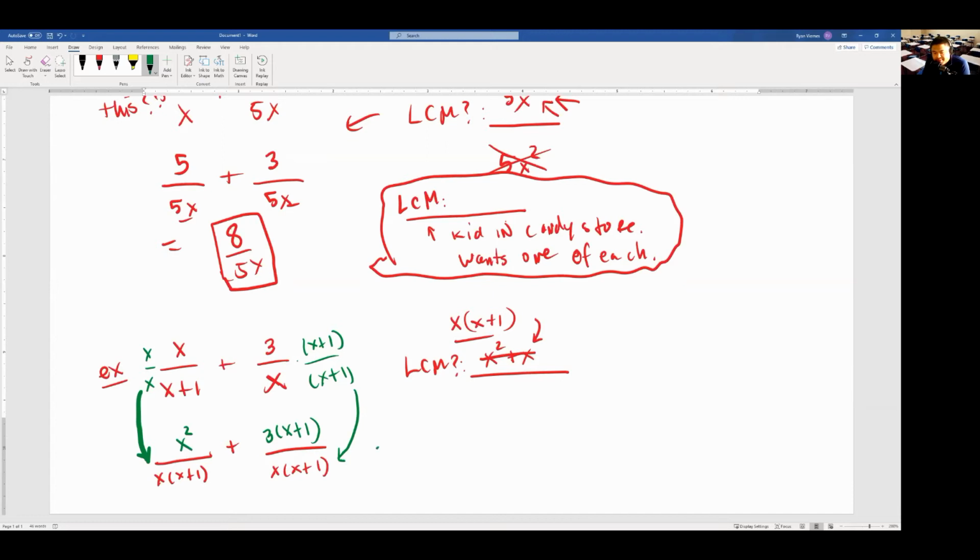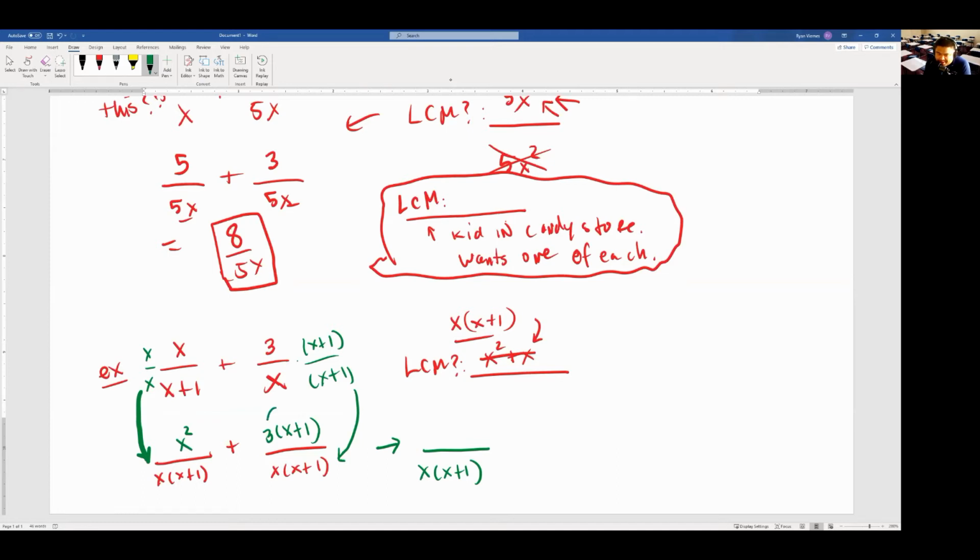Now, once we have both the same denominator, just like what we did up there, our final answer will have this. But the question is, what is on top here? And I look here, this says x squared plus this plus this. Well, none of these are like terms, but I could certainly write them adding to each other.